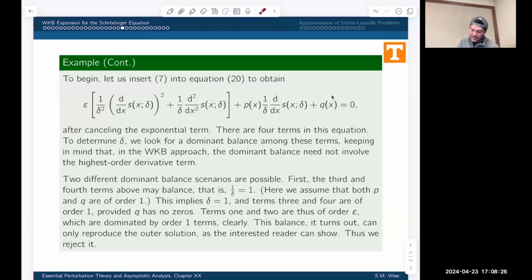In other words, we get delta equals 1. So what do we do in this case? Terms 3 and 4 are order 1, provided that Q has no zeros, and terms 1 and 2 are thus of order epsilon, which is dominated by order 1 terms. So that balance works out.